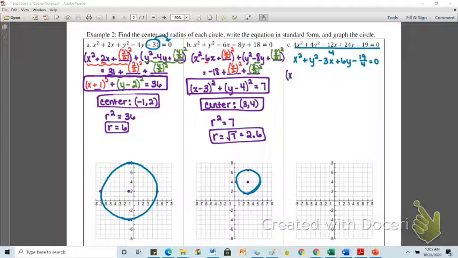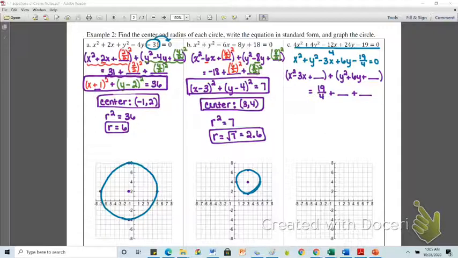So we have x squared minus 3x plus blank. And there's always a plus sign in between for a circle. And don't forget to add your blanks to the right-hand side.